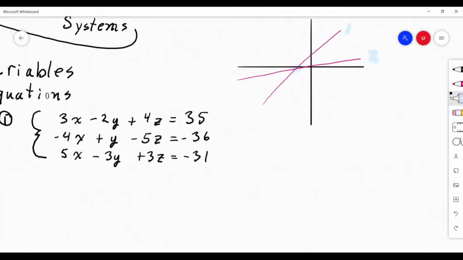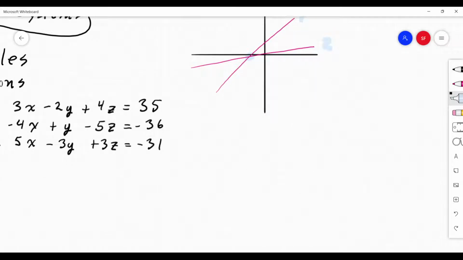Well, it's actually the same thing, but this time instead of a two-dimensional coordinate grid, we have a three-dimensional one, drawn, sketched roughly. It looks something like this. This is what we're talking about.